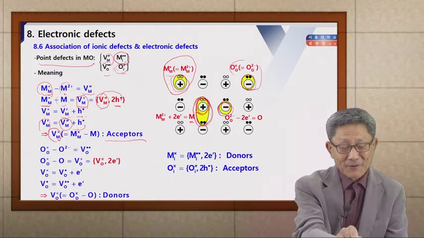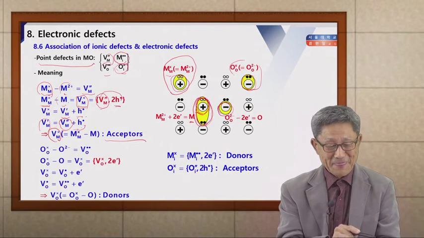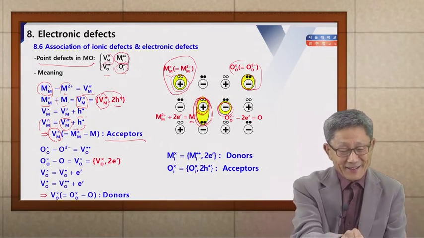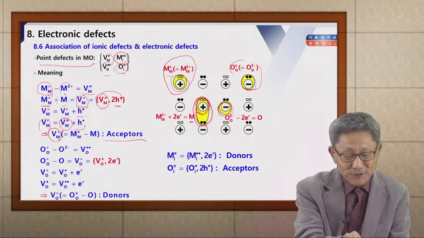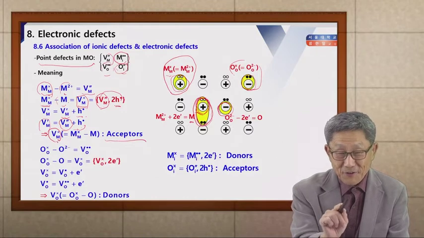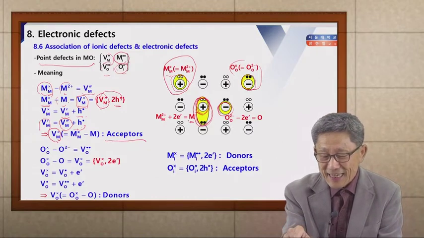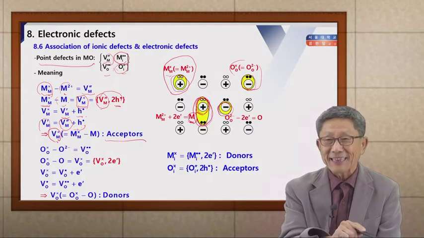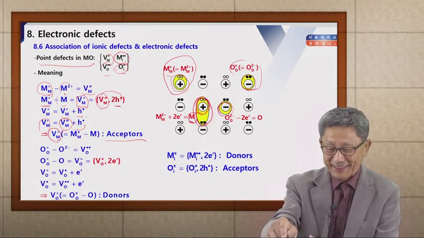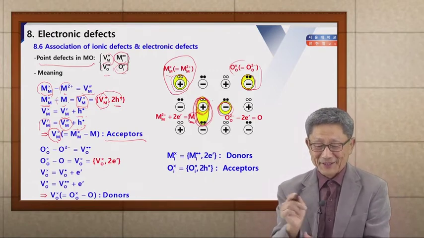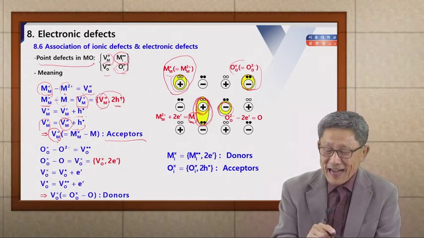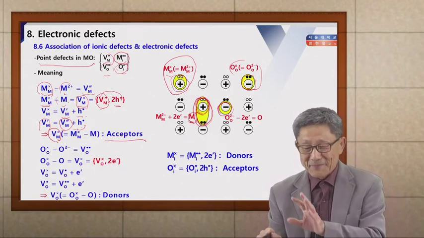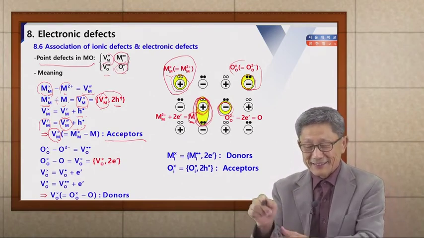Because they are working as hole donors. Don't forget, the neutral metal vacancy corresponds to the missing neutral metal atom, this entity. Okay, now let's pay attention to the anionic sublattice.